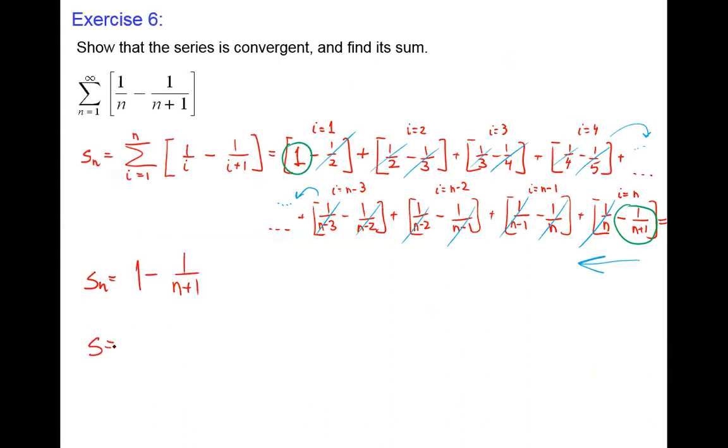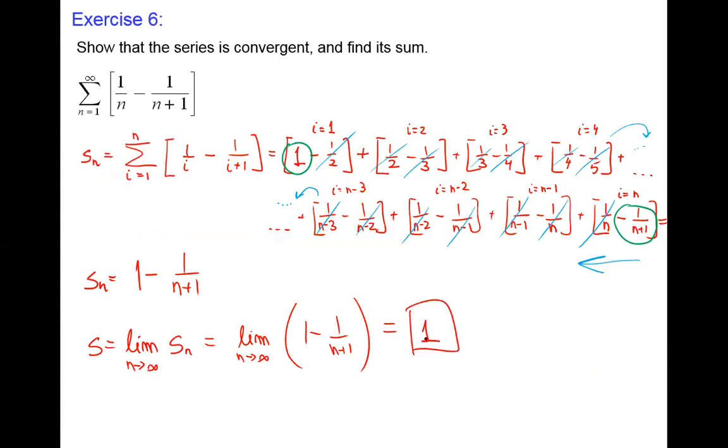In order to find the sum, I have to find the limit at infinity of s sub n, how the partial sum behaves at infinity. Can you tell me that limit? 1 minus 1 over a huge number, 1 over infinity is 0, and 1 minus 0 is 1.